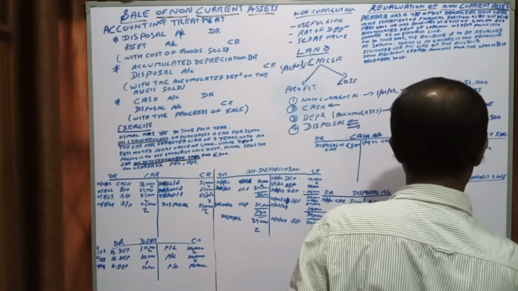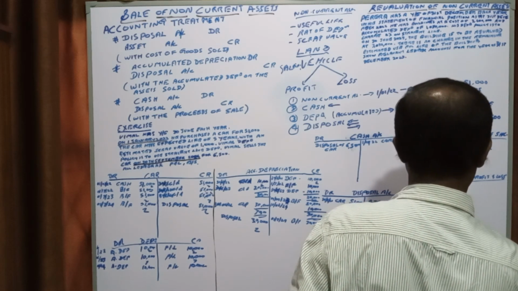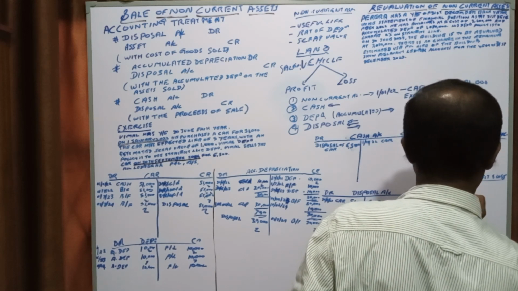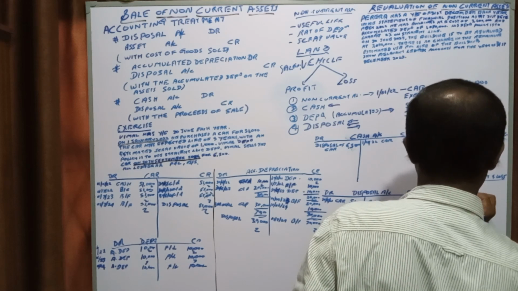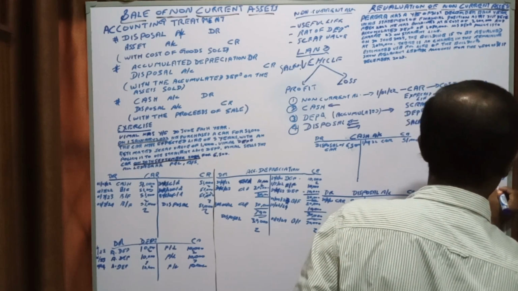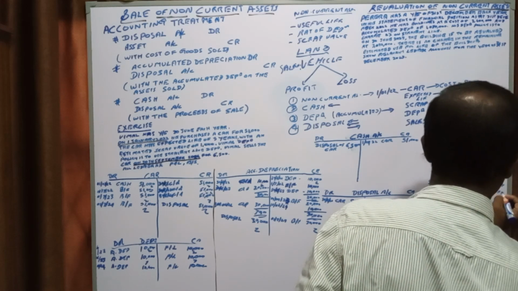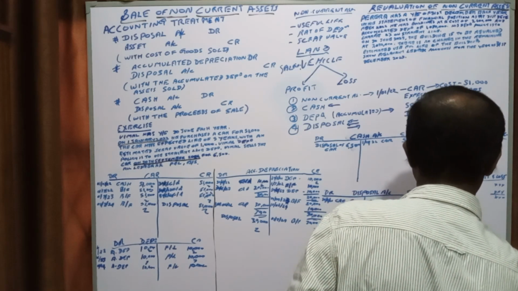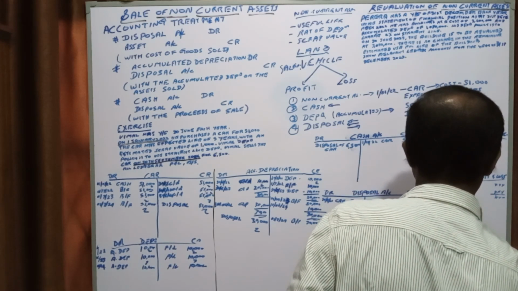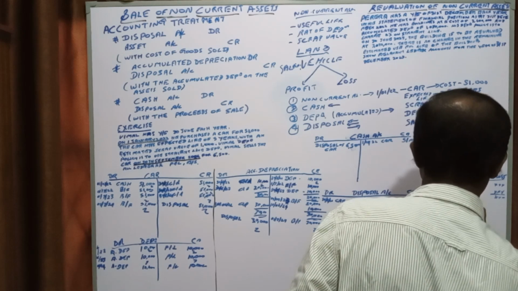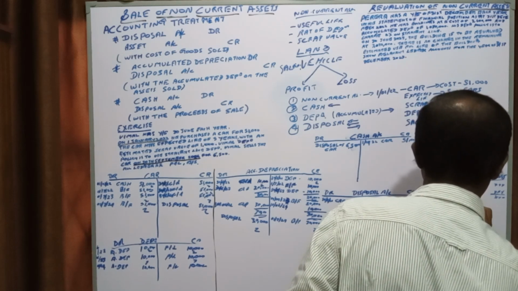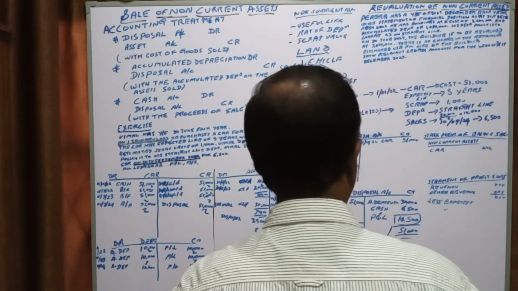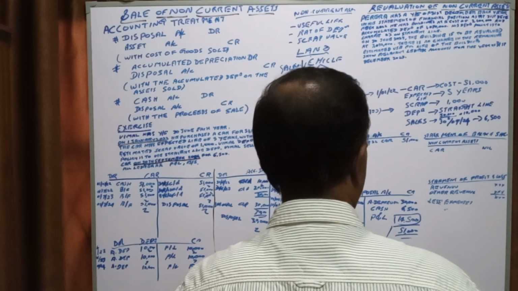Revenue, other revenue, right? Less expenses, admin and those things, right?